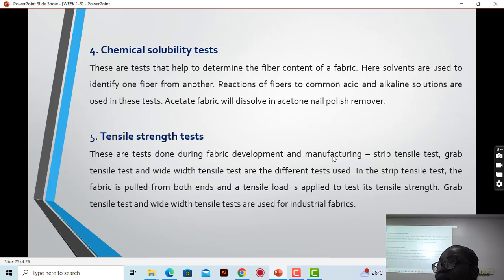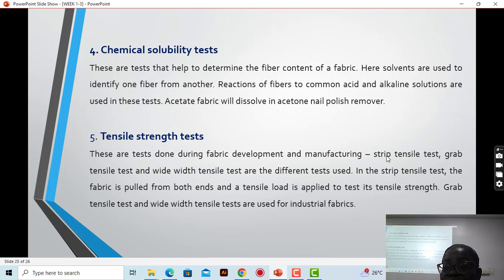If you are producing a fabric for such a purpose, you have to test the tensile strength before you even manufacture the material. So you are sure that you are using the right type of fiber for the right kind of fabric you are making because it's going to be for a particular job. That is why it is mentioned here that it is done at the fabric development and manufacturing stage.